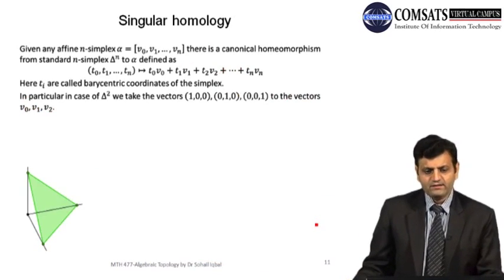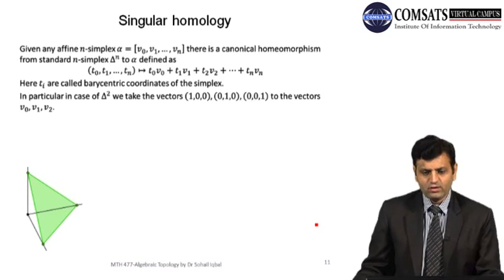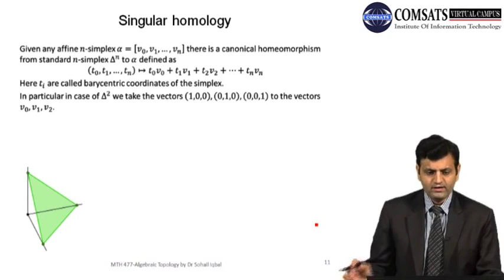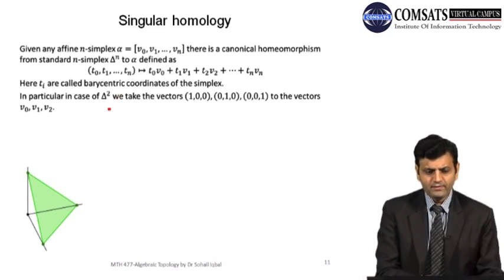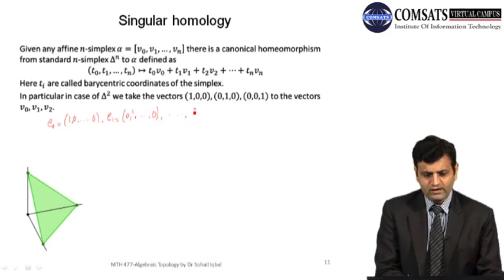Now given any affine n simplex alpha, there is a canonical homeomorphism from the standard n simplex to alpha, defined as follows. In the standard n simplex, we take the generating points to be E0 equal to 1, 0, 0 up to so on, E1 equal to 0, 1, 0 up to so on, and En equal to 0, 0, 0 up to 0, 1.